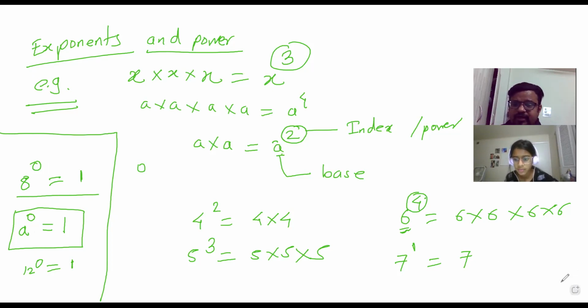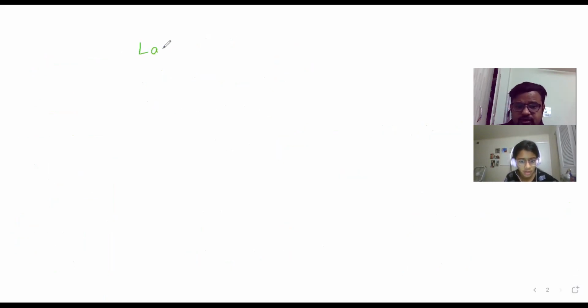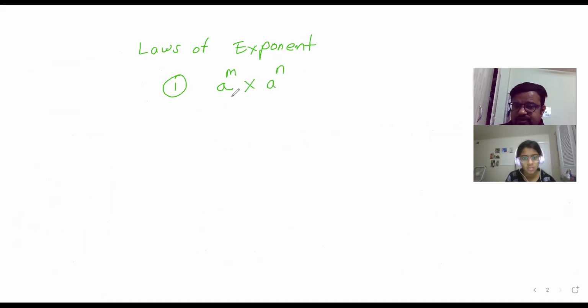I am starting the laws of exponent. First law: suppose a raised to m times a raised to n is there. Here the base is the same, a is the same, and the power is different. Then the powers get added. We take the base once and the power will be m plus n.